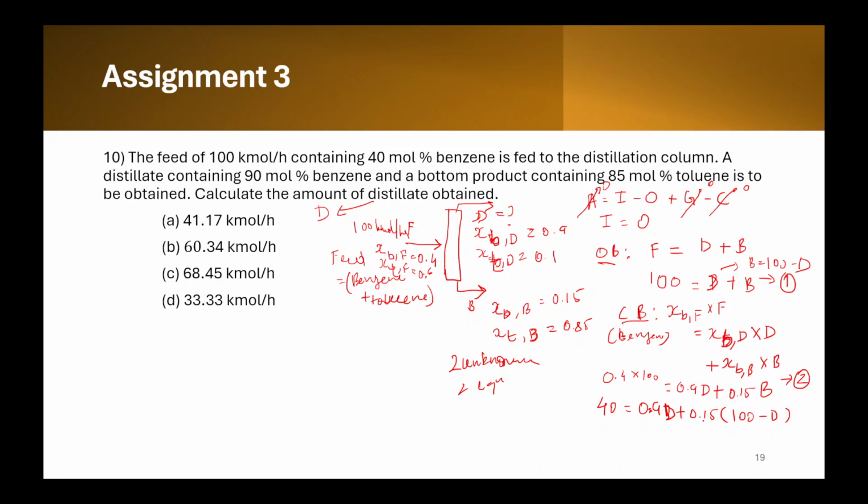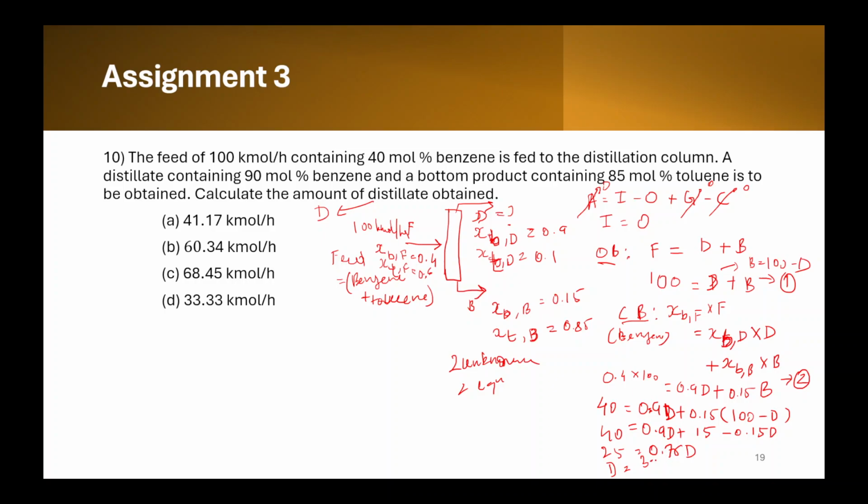So it will be 15 minus 0.15 D, 0.9 D plus 40. So 40 minus 15 will give us 25, and 0.9 minus 0.15 will give us 0.75 D. So D comes out to be 25 by 0.75.